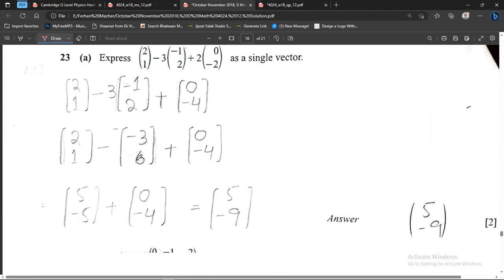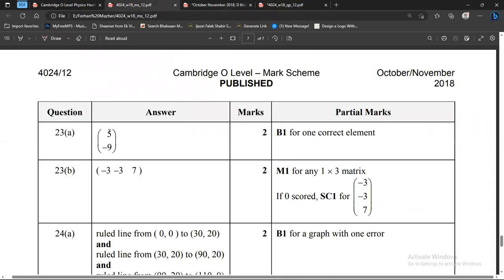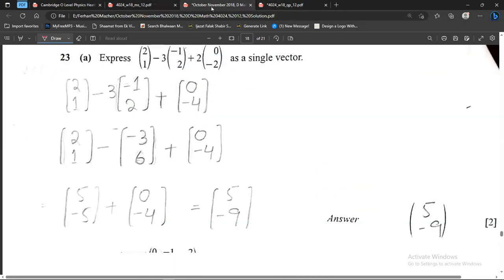So it is minus 3, 6 plus 0, minus 4. So 2 minus that will become plus 3, so that will become 5. 1 minus 6 will become minus 5, plus 0 and minus 4. 5 plus 0 will be 5, minus 5 plus minus 4 is minus 9. So your answer will be 5, minus 9. 5, minus 9 is the right answer, sir.